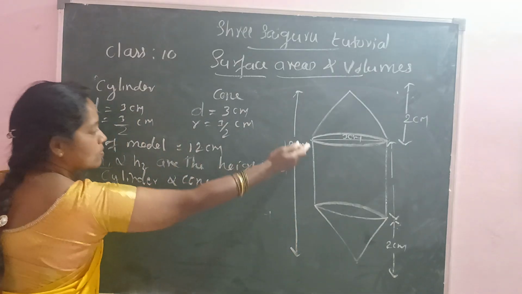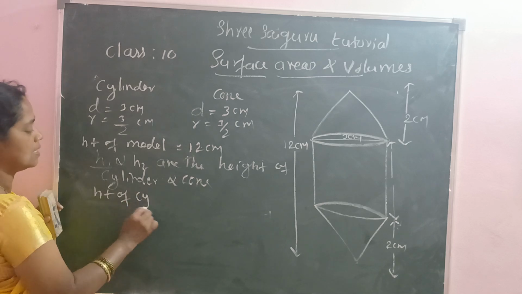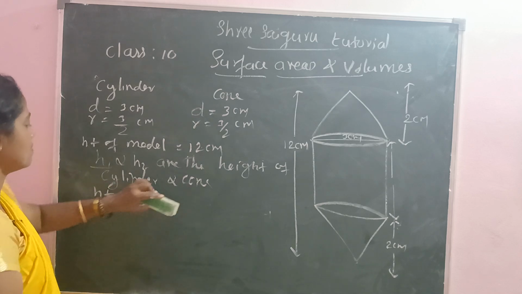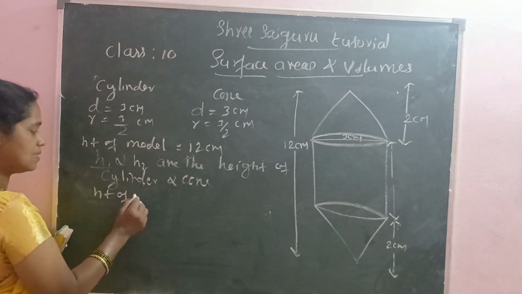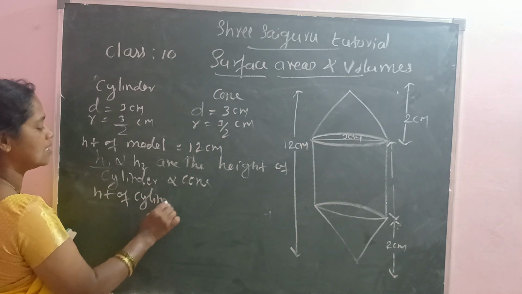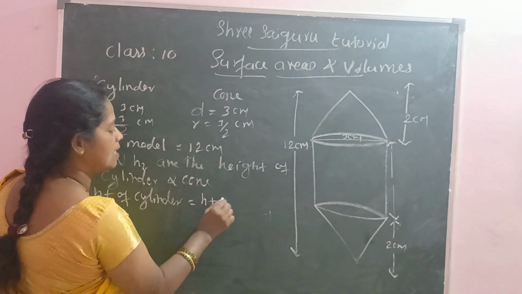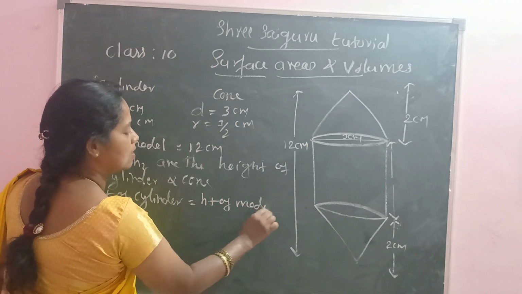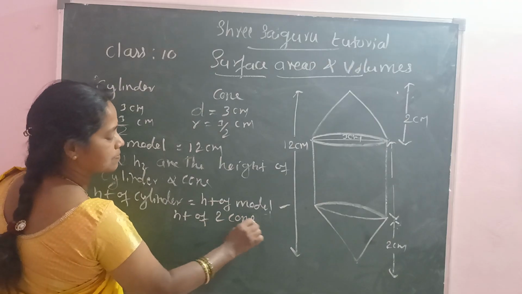So how to calculate the height of the cylinder? The height of the cylinder is equal to the height of the model minus the height of two cones.